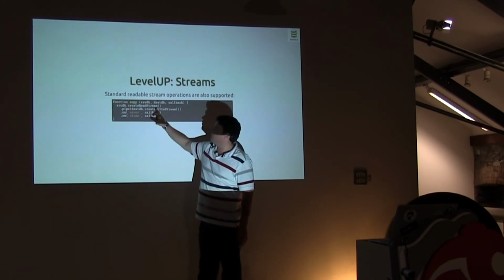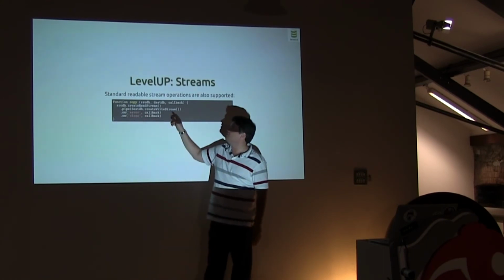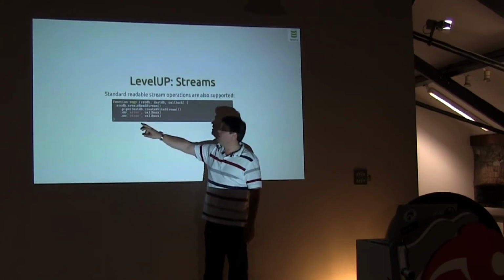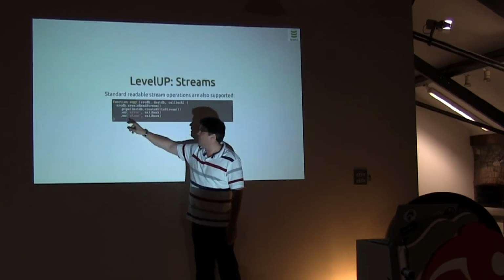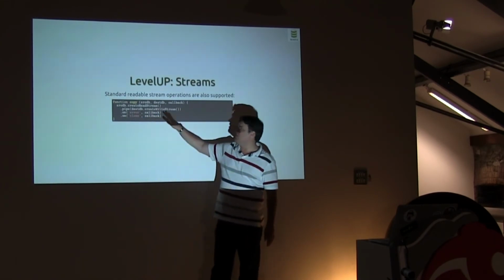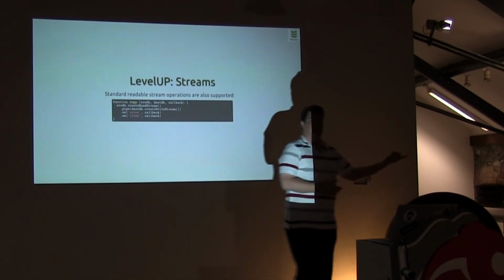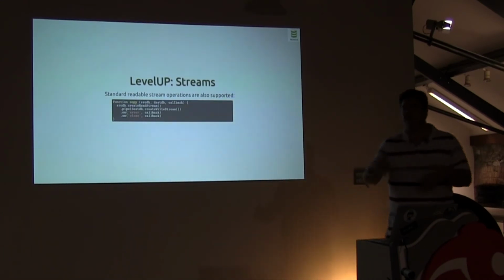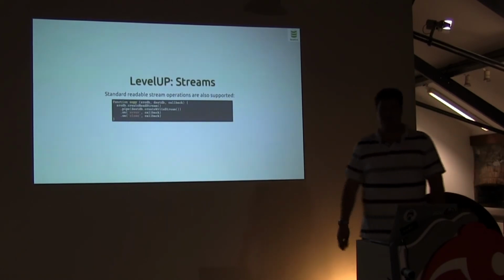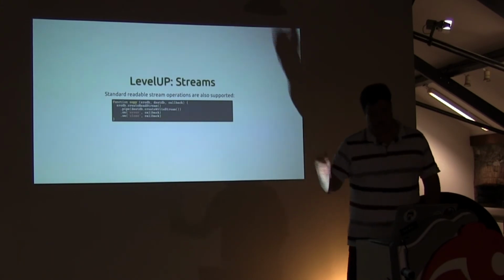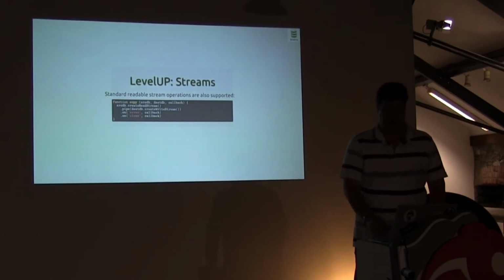Create a read stream on the source, pipe it to the destination write stream. Just listen for an error. You don't have to listen for errors, it will throw if there's an error. And listen for close, and that's it. It'll go read by read, stick each into the destination database, and you've got a full copy. And your callback will come back when the copy's done. So that's part of the power of Node streams.